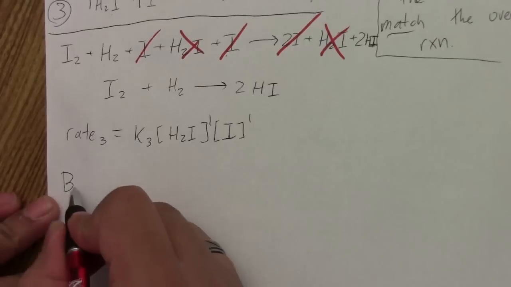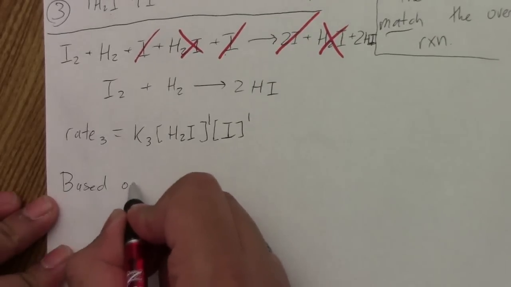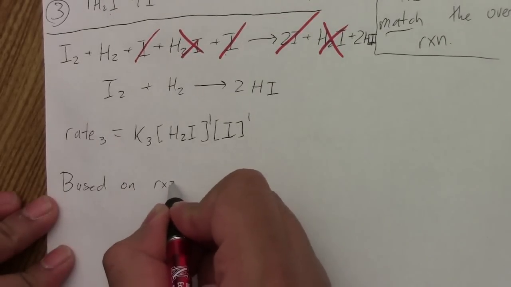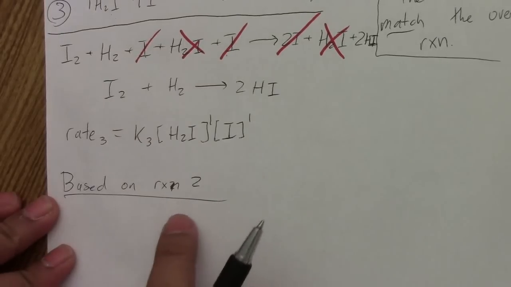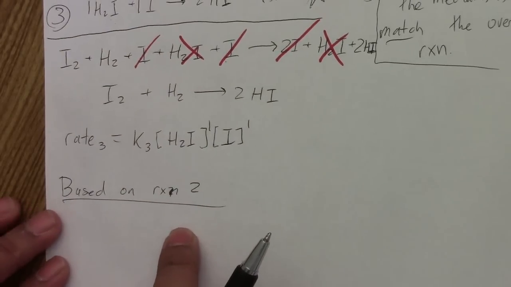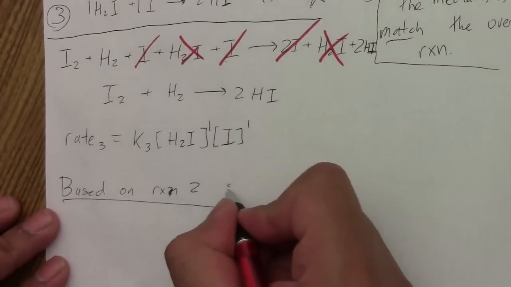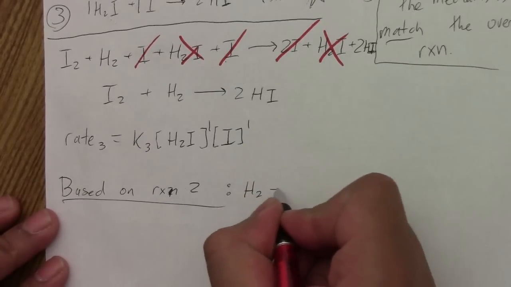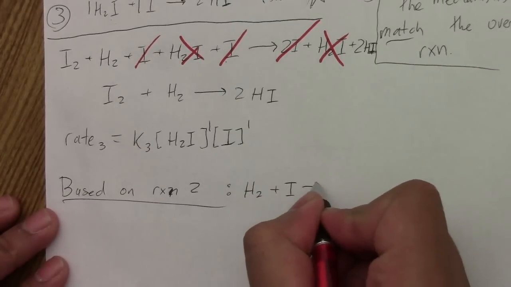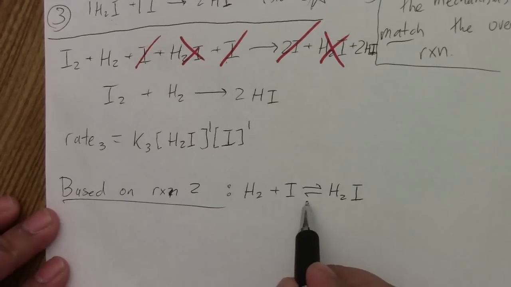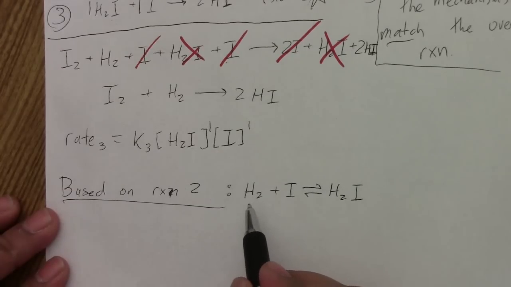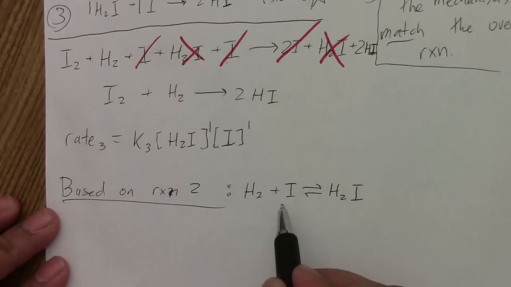So based on reaction 2, let's do the forward rate law first. As written, it looks like this. H2 plus I is going to form H2I. Notice, however, there's an equilibrium arrow, which means this reaction can go forward and backwards.